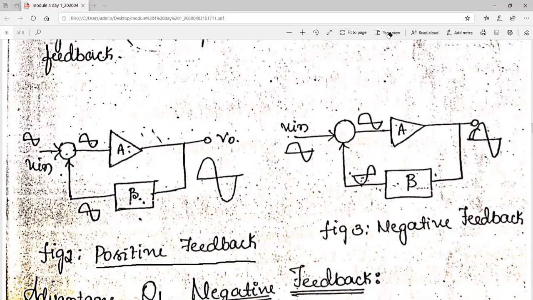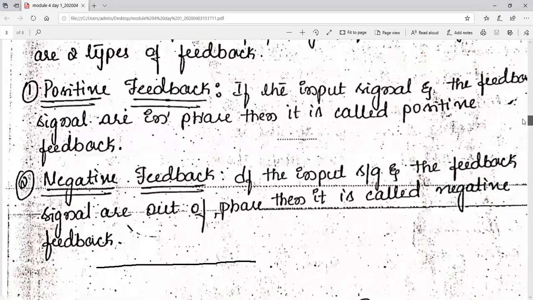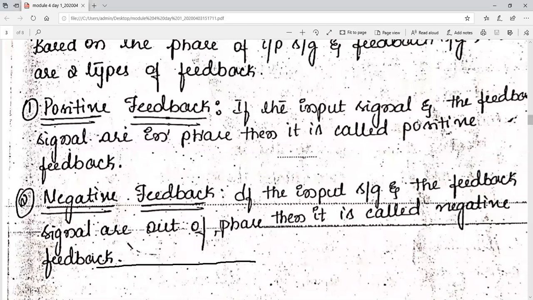So the definitions: if the input signal and the feedback signal are in phase, then it is called positive feedback. And if the input signal and the feedback signal are out of phase, then it is called negative feedback. So we will see the next topic.